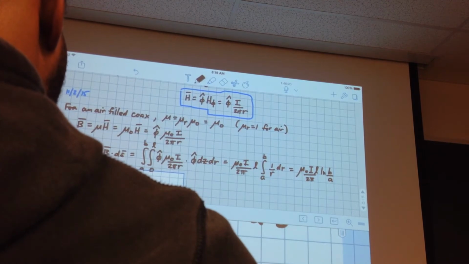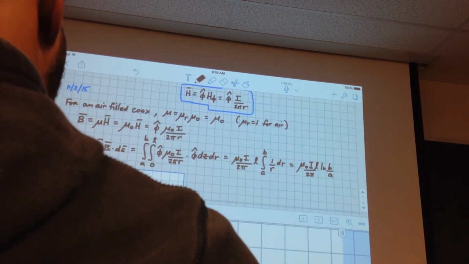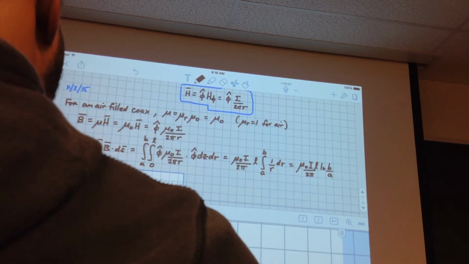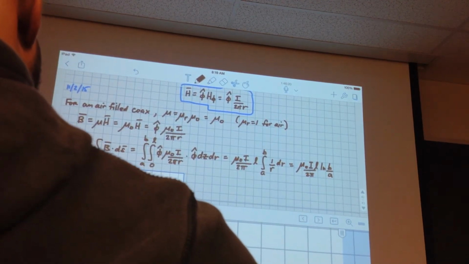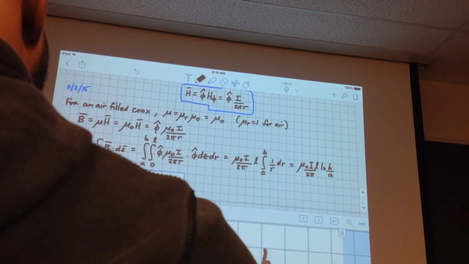So the inductance then is the magnetic flux divided by the current I. And you can see that the current I cancels out. You get mu naught length over 2 pi times the natural log of b divided by a.